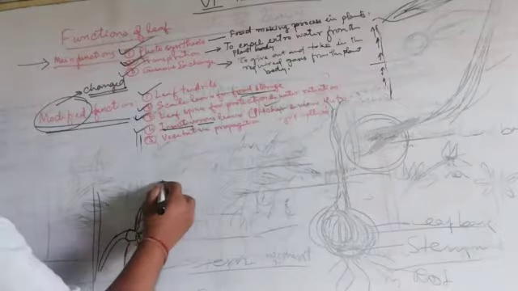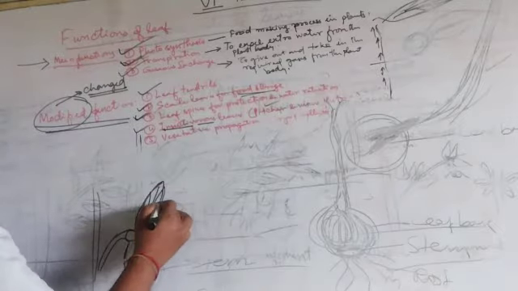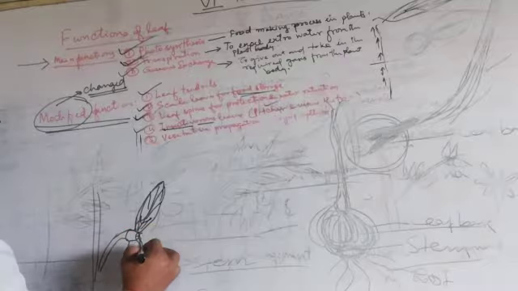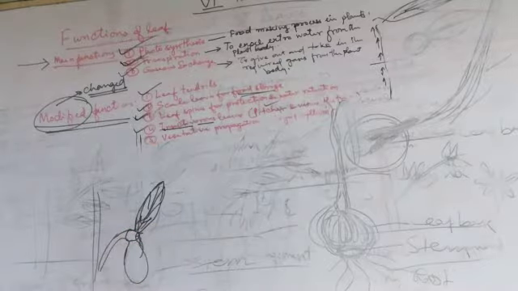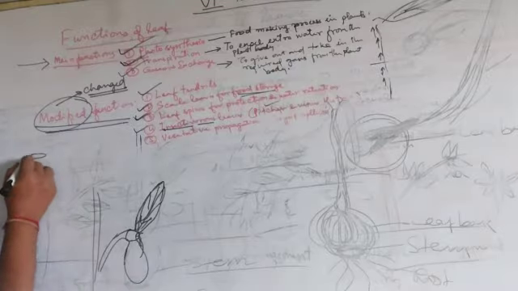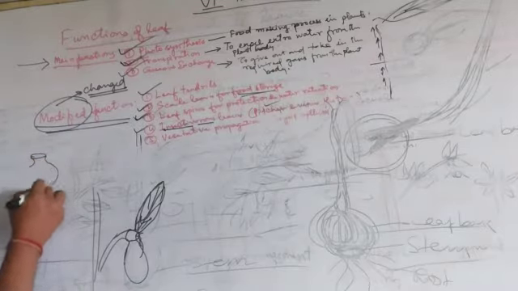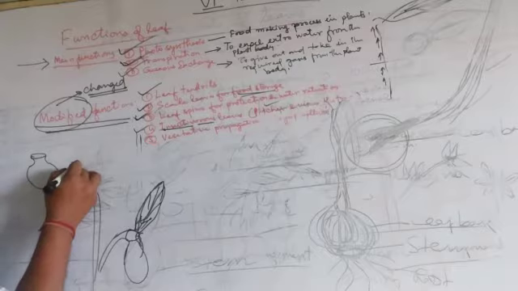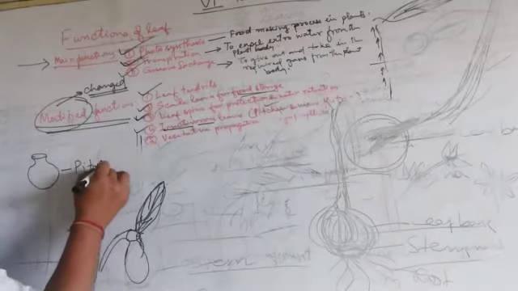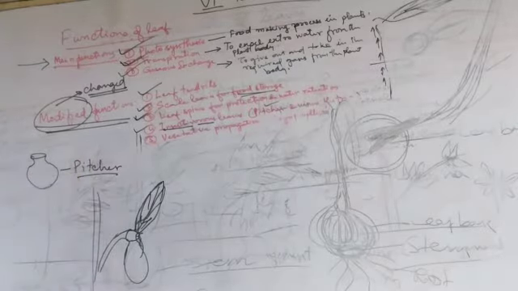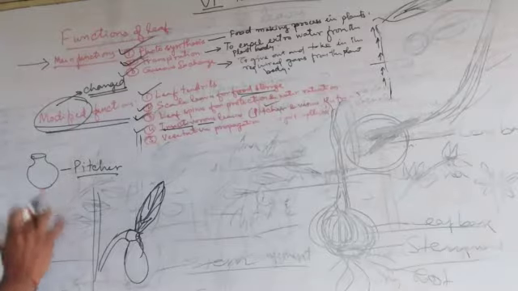The leaf base develops into a pitcher, like the pots used in our houses for storing water. This is a pitcher, the earthen pots.